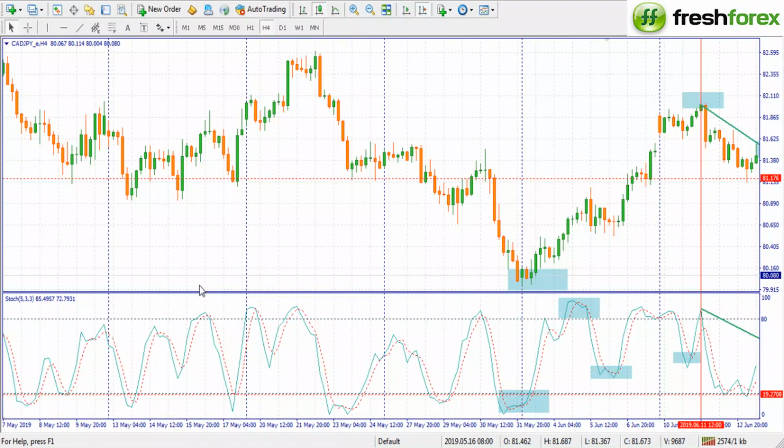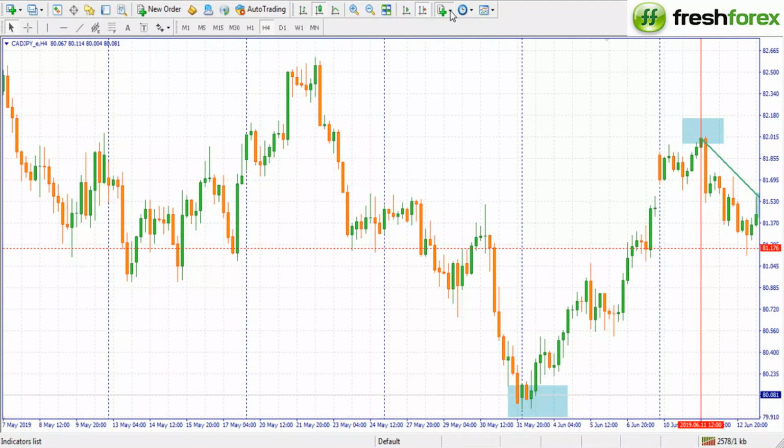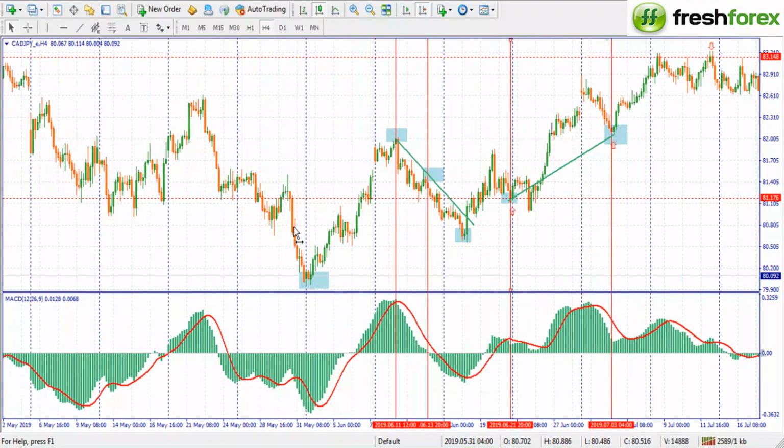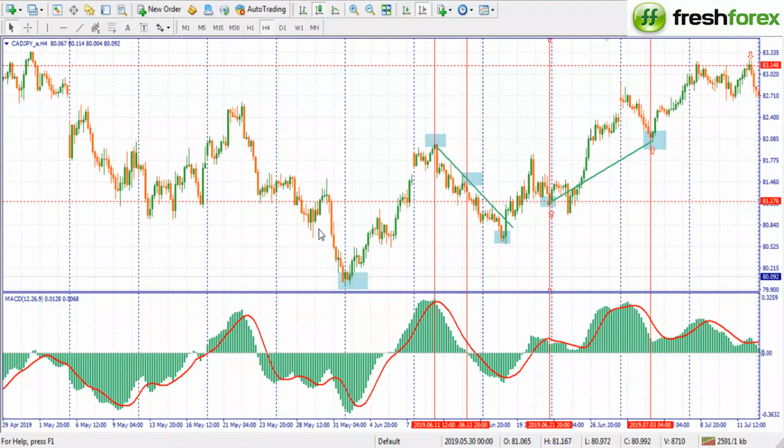Other than this indicator, the one which I've made on stochastic, there is another one which is very, very useful, MACD. Yeah, it's MACD, and the reason I'm saying this is very useful is because it also helps you understand what's happening on the screen. If you have this, there is this, and there is this, and if you check on the lower side, the same thing, somehow continuing downwards.